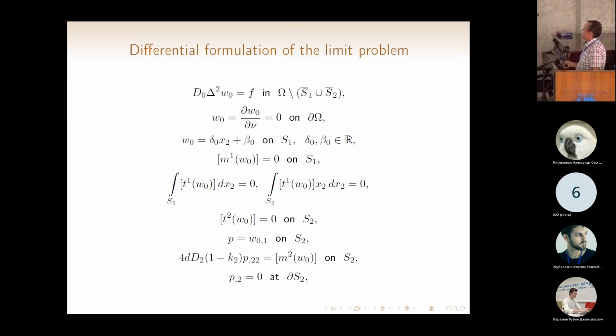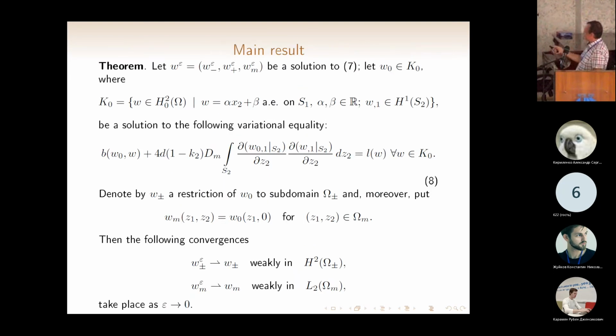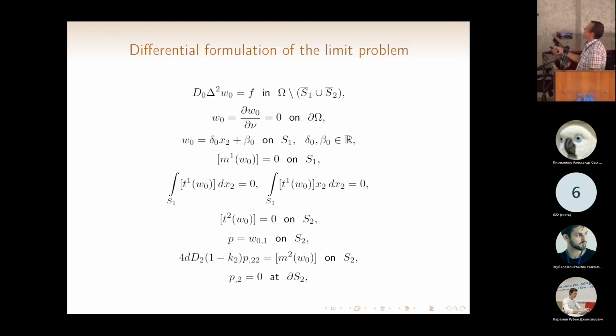Это главный результат. Это вариационное равенство немного сложно воспринимать, когда не имеешь с ним дела. Предполагая, что решение достаточно гладкое, мы можем выписать слабое определение следующей краевой задачи. В области омега, без S1, S2 и упругого тонкого включения, функция удовлетворяет бигармоническому уравнению, где D0 это константа. Это условие означает, что пластина жестко закреплена на внешней границе. Это условие означает, что S1 является тонким жестким включением, то есть задана структура перемещений.